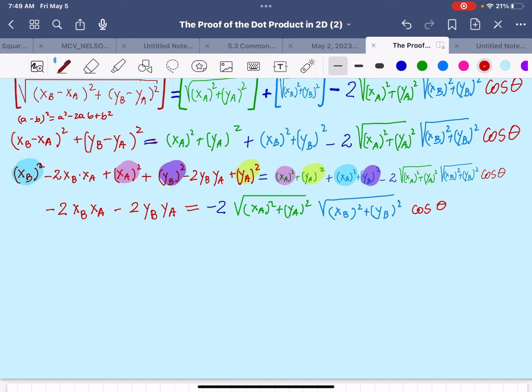You probably noticed that we have a negative standing out here in front of every single term, which means it's a common factor. And we'll take out the common factor because why not?